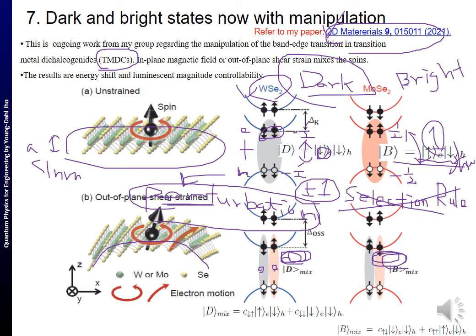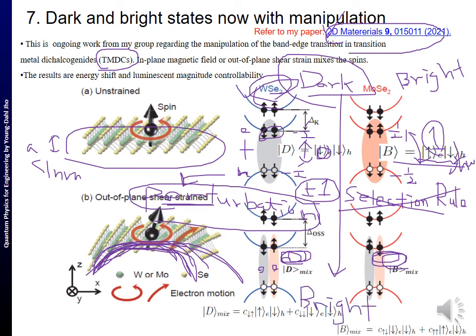We solved all the issues, and then we intentionally applied shear strain by a certain device structure. As we increased it more and more, this dark exciton becomes a bright exciton. The light goes from very weak to very strong.